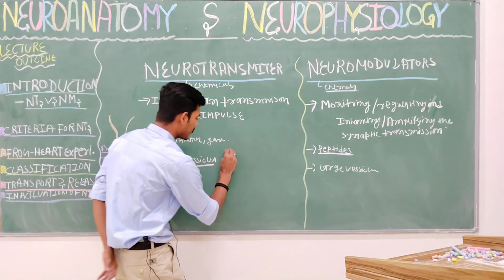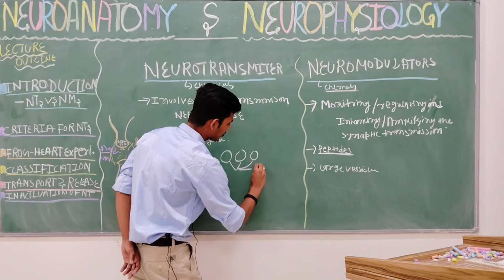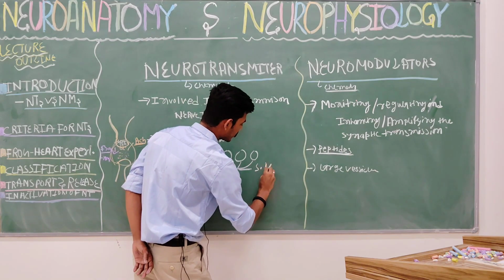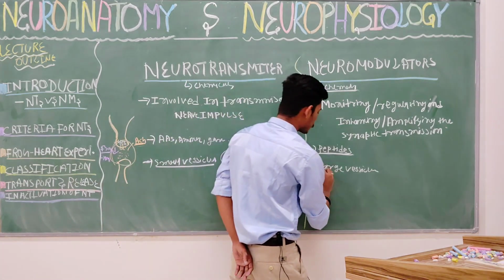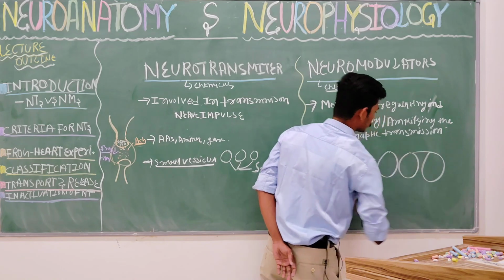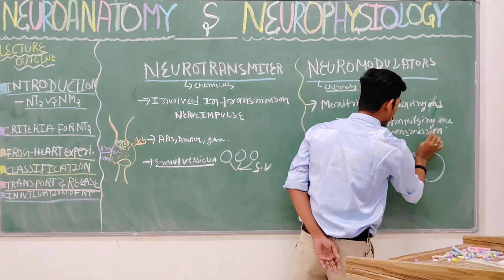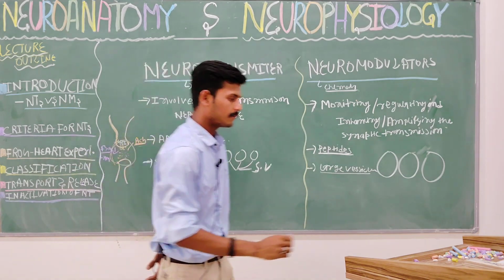We are referring to those small vesicles as synaptic vesicles, isn't it? No problem. Now if we talk about the storage of neuromodulators, they are stored in the large vesicles. Are you understanding? Okay, fine.